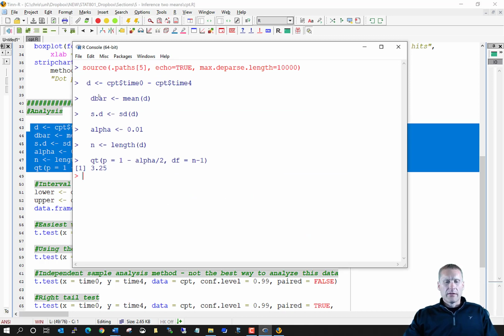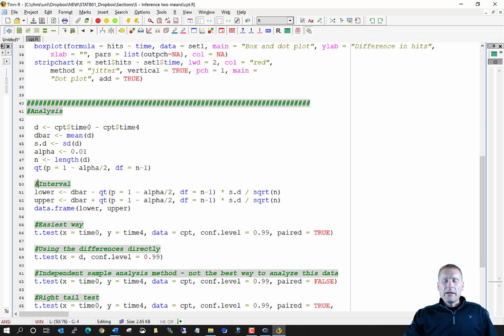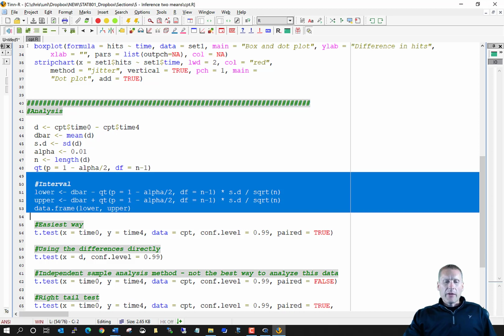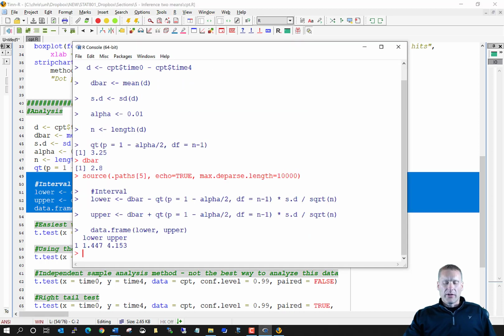So again, d bar is 2.8. Now I go to my code that we've seen before for our confidence interval for one population mean: d bar minus the quantile from the t distribution times the standard deviation divided by the square root of the sample size. That's going to be my lower limit. Upper limit exactly the same, but I put a plus there instead. And then I put everything in a nice little data frame to print it off.